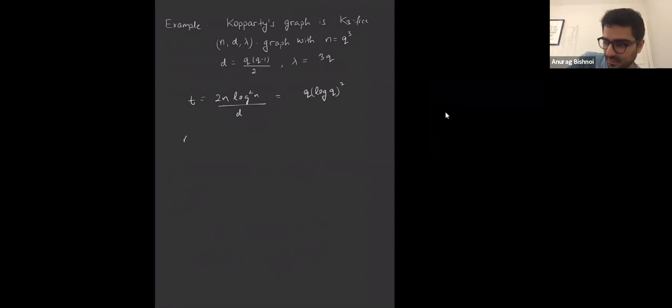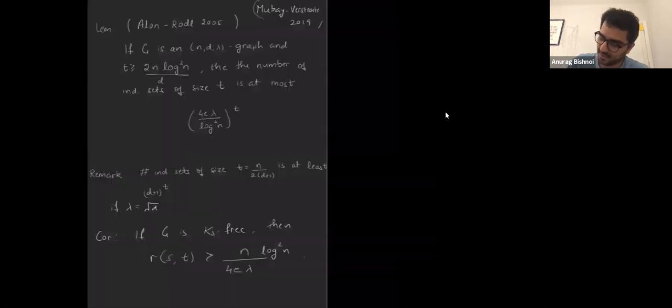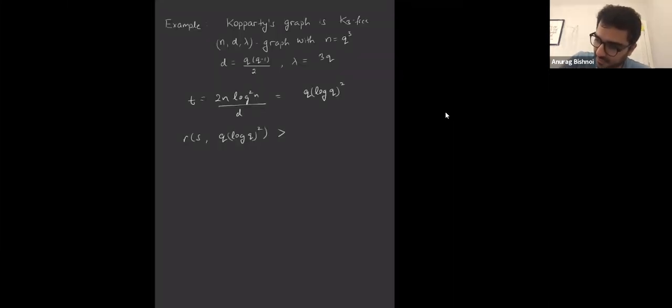And then your lower bound on r of s comma t. So r of s comma q log q squared is n log squared n by lambda, so something like q squared log q squared.